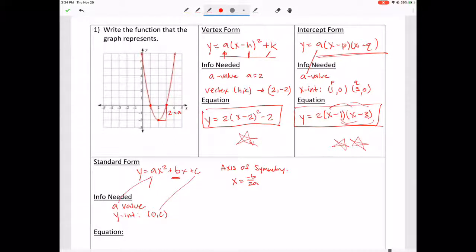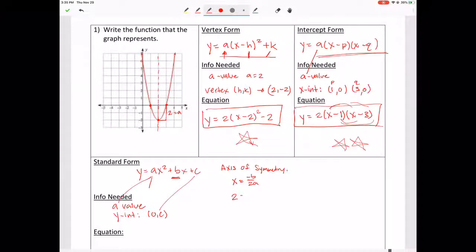And that would give us our axis of symmetry. Well, given a graph, we're going to do it the backwards way. We can look at the graph and say, our axis of symmetry here is 2. So x is 2.